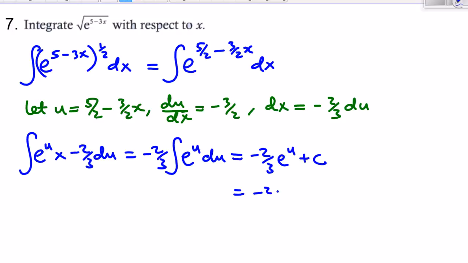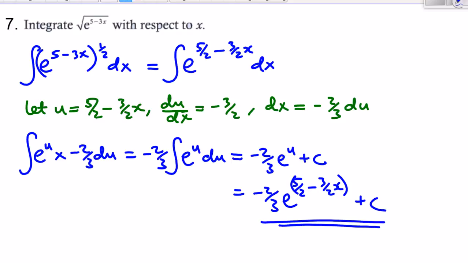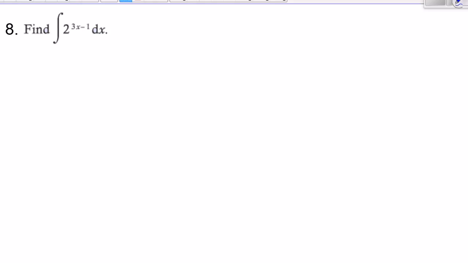So negative 2 over 3 e to power 5 over 2 minus 3 over 2x plus c. That will be our final solution. So lots of practice questions, but this helps to understand the process.